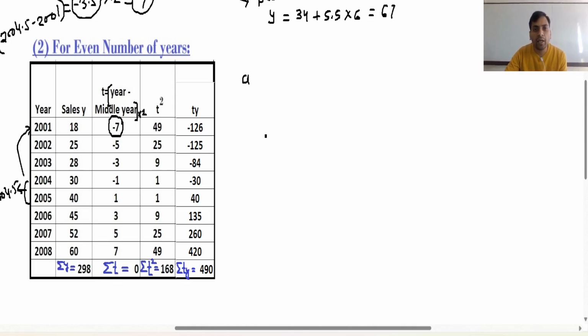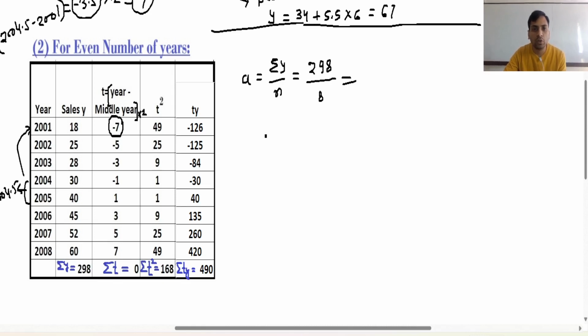So again, a equals summation y upon n, and summation y for this data is 298 and the number of observations is 8. So this a equals 37.25, and b equals summation ty divided by summation t square. For this, summation ty is 490 and summation t square is 168, then you will get the value of b, that is 2.91.